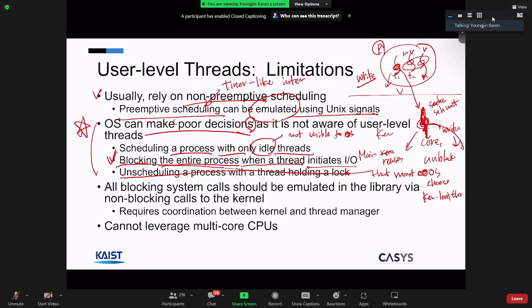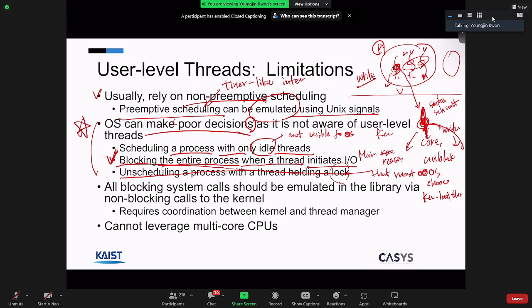Then all other threads waiting for the lock have to wait until this thread gets scheduled and executed, holding the lock. The lock holding state is never exposed to the operating system. The operating system may make this kind of dumb decision. Okay. Most important is the blocking issue.